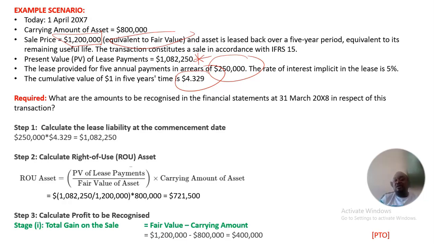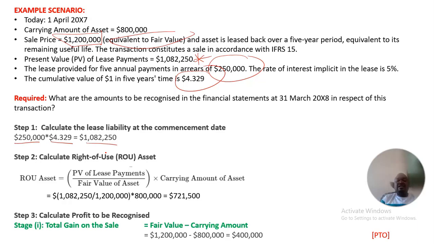So they are constant cash flow, an annuity, and you'll be given an annuity factor for 5 years, right? And they've given us 4.329. So to compute the lease liability, it's very simple. You just say lease payments, which we are told are 250,000, multiply by the discount factor, and we get the lease liability.